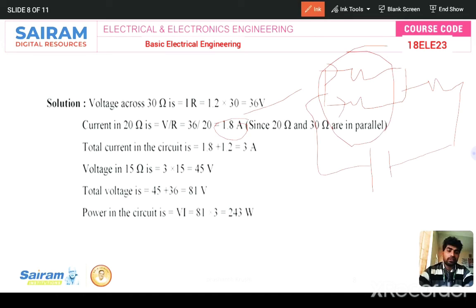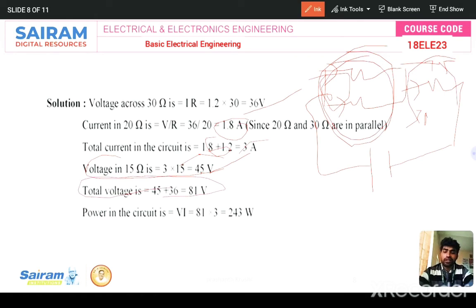The total current in the circuit is 1.8 plus 1.2, which is 3 amps. We just add because we applied KCL here. The voltage across the 15 ohm resistor is 3 into 15, which is 45 volts, and the total voltage is 45 plus 36, that is 81 volts.